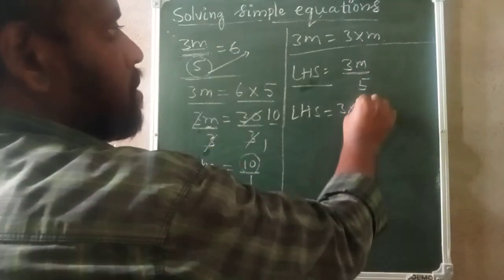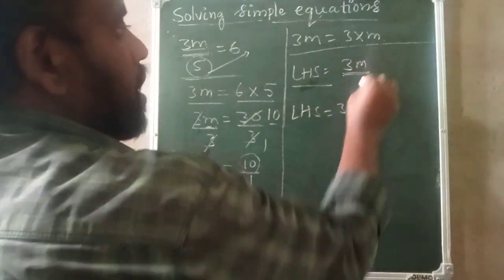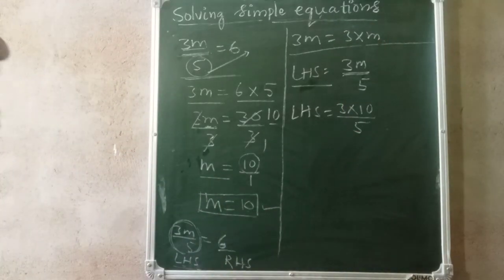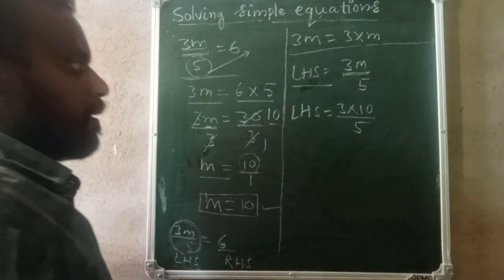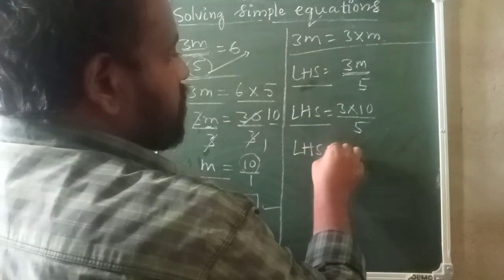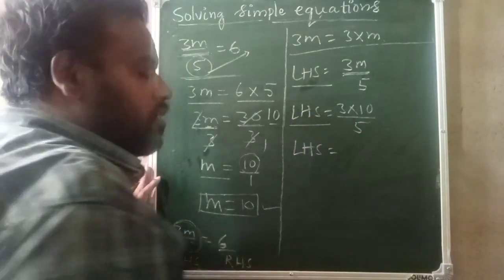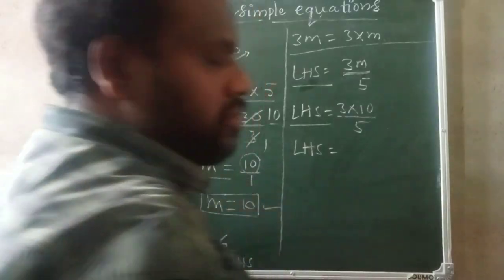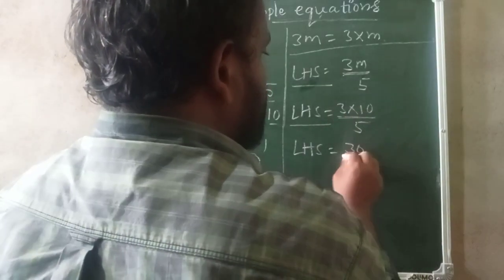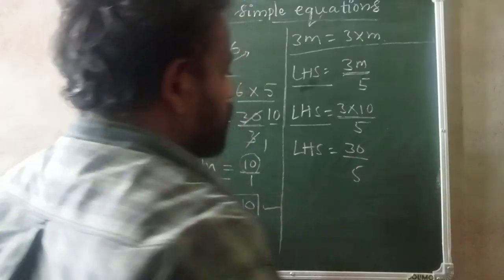So in place of m, I will put 10. So this line next to this 5. Okay. So next step, write this LHS is equal to, now 3 into 10. So 3 tens are 30. So this line, 5 as it is.